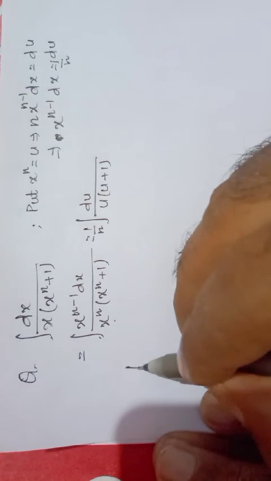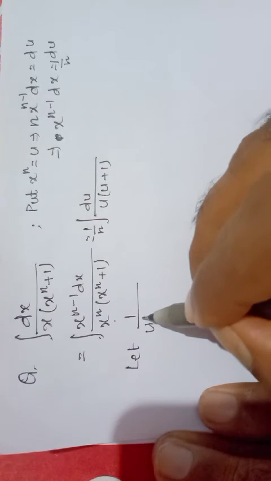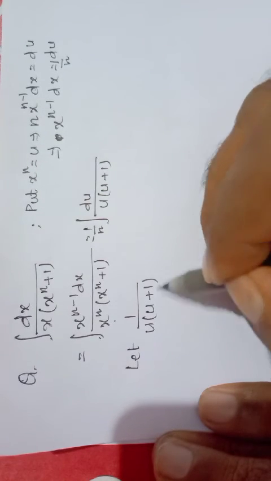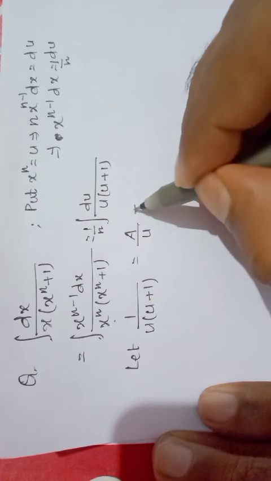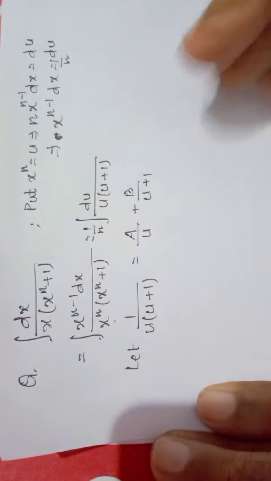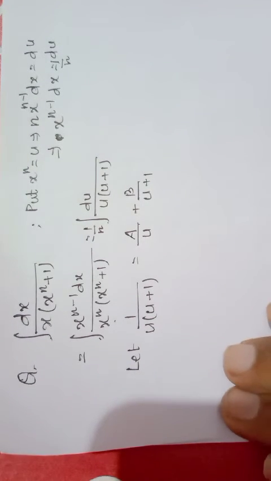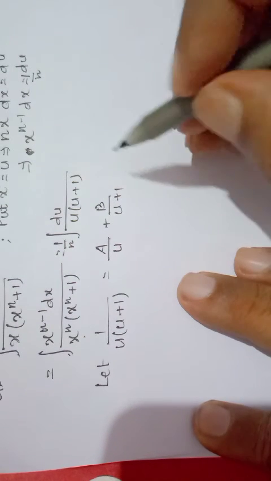Let 1 upon u into u plus 1 is equal to a upon u plus b upon u plus 1. Again take LCM. The steps of calculation remain same.